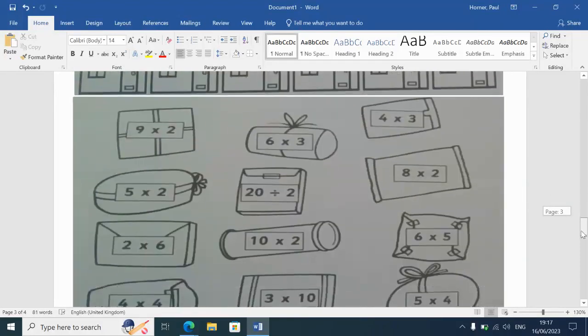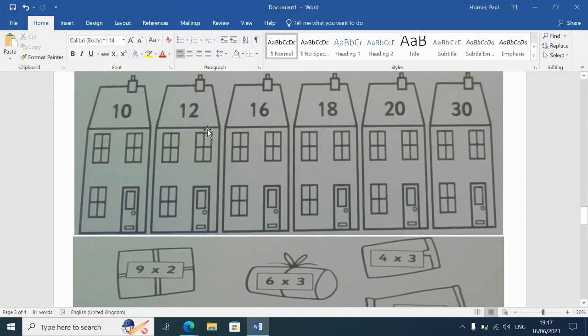Okay, so we've got parcels here. I'll not draw the arrows, I'll just let you do the sums. So 9 times 2 is 18. And then 6 times 3 is 18.